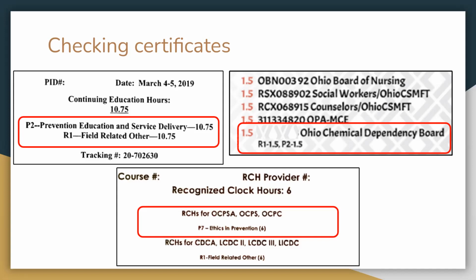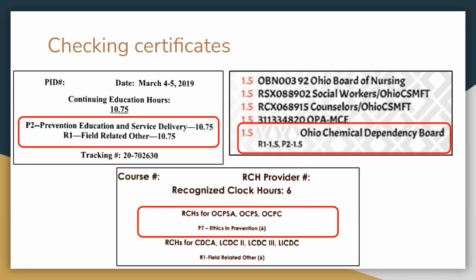And it was approved for 10.75 hours. If you look at the one on the top right, you'll see it says P2 1.5. So 1.5 hours in that P2 content area. The bottom middle, it says P7, Ethics and Prevention, and that's a 6 for 6 hours.